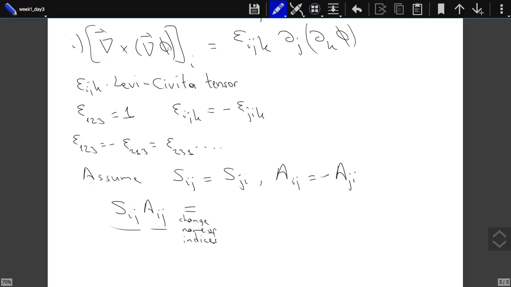So the index i I can just call j, and the index j I can just call i. This is equal to Sji Aji.